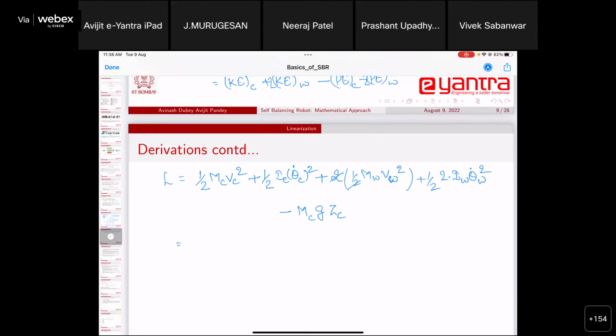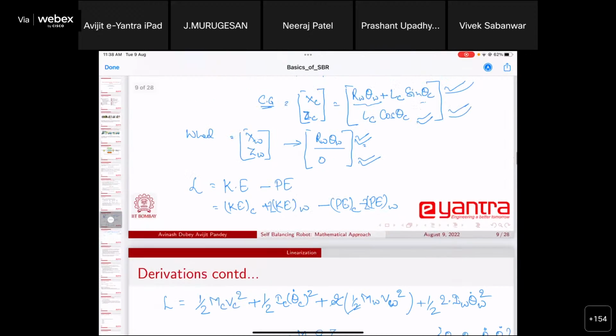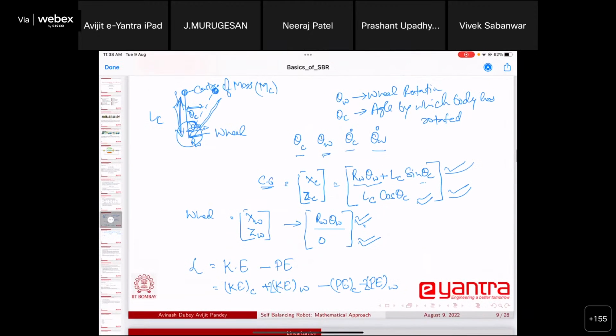So now I'll expand this just to show how this corresponds to the states of the system. Remember, the states of the system are theta c, theta w, theta c dot, and theta w dot. Now the Lagrangian becomes half mc. Now vc has two components, xc dot and zc dot.